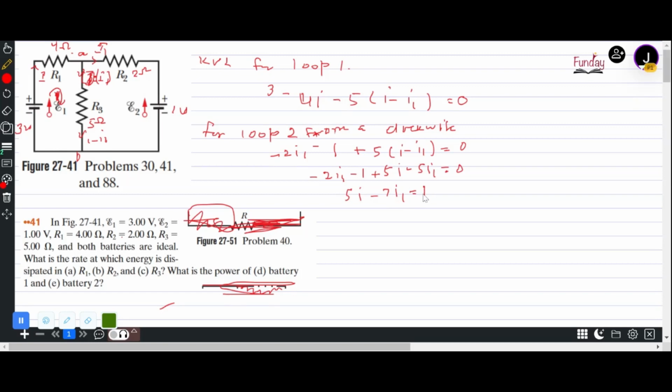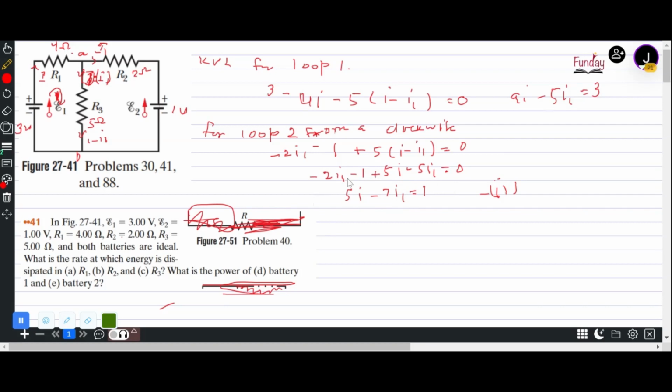Once we open it, we arrive at 5i minus 7i1 is equal to 1, and the first equation we simplify and we arrive at 9i minus 5i1 is equal to 3. So we have two variables, I and I1, and we have two equations, so we can easily solve that.